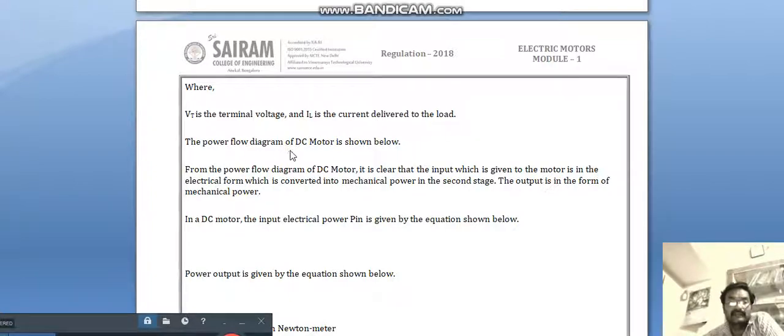The power flow diagram of the DC motor is shown below. From the power flow diagram of the DC motor, it is clear that the input given to the motor is in electrical form, which will be converted into mechanical power in the second stage. The output is in the form of mechanical power. In a DC motor, the input electrical power P in is given by the equation below.